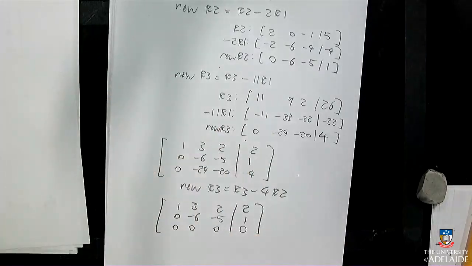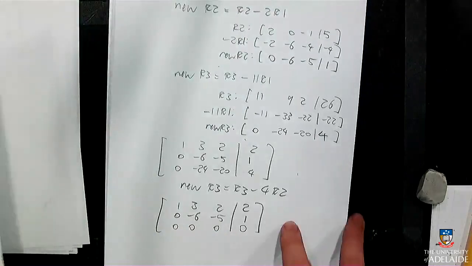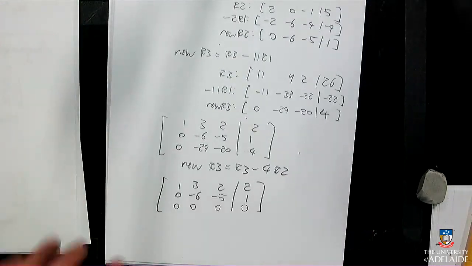And the last is a 0. And it's going to be impossible for me to produce a pivot in this last column, because I'm already going to make a pivot here and a pivot here. There's going to be no pivot in this third column. And I also don't get 0 plus 0 plus 0 equals something not 0.